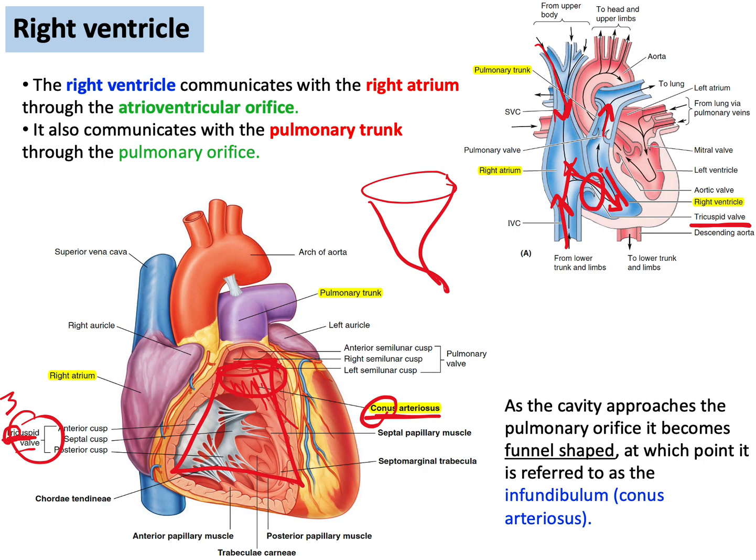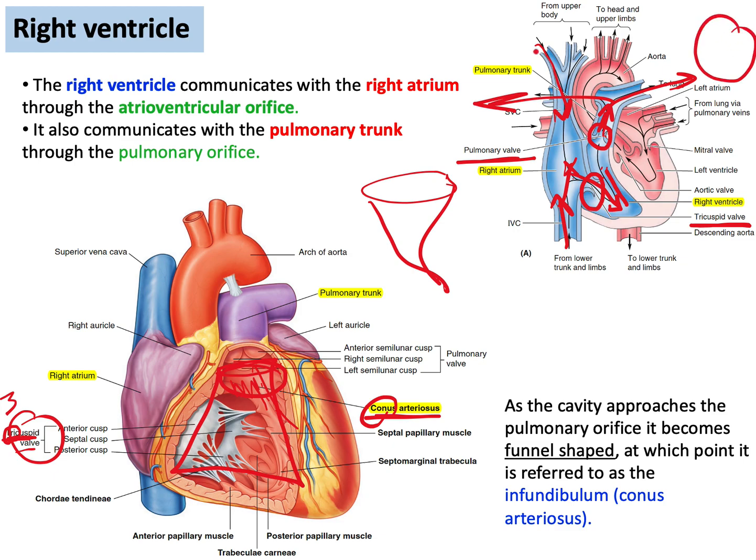Or I would say from the right ventricle to the pulmonary trunk that's guarded by the pulmonary valve, another valve. So the deoxygenated blood goes to the left and right lung to be oxygenated.